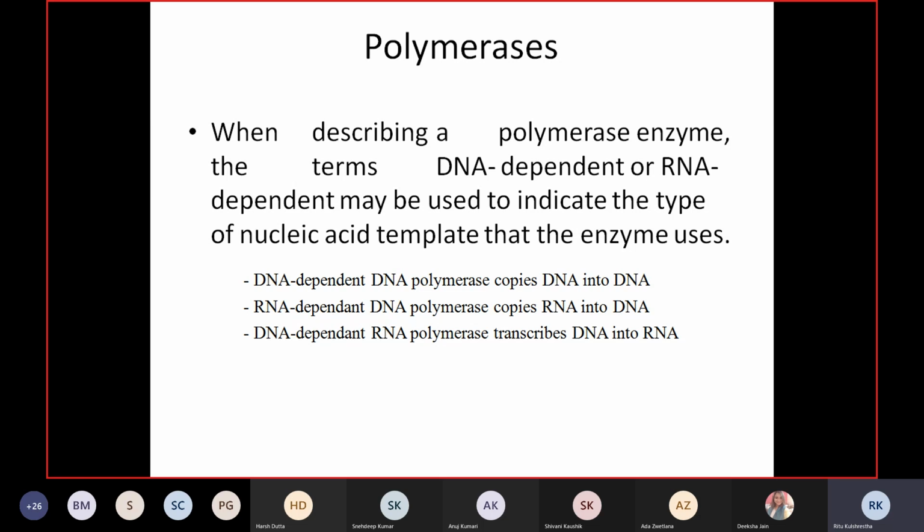And there are certain enzymes which don't even need a template. For example, terminal transferases. I'll just come to those enzymes, but they do not need a template for polymerization of the nucleotides. They just need a 3' OH end and then it will polymerize.